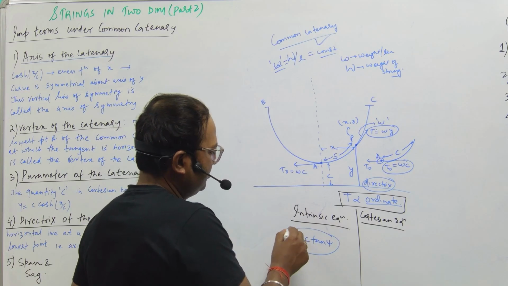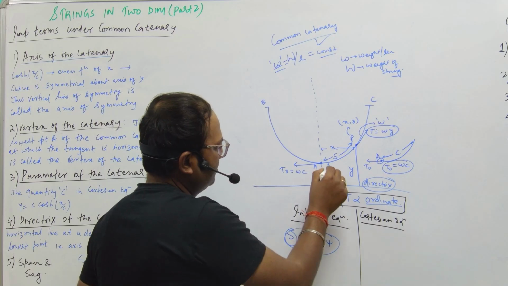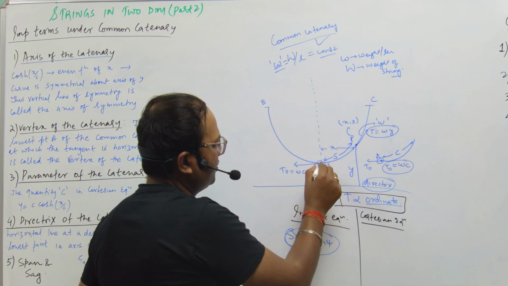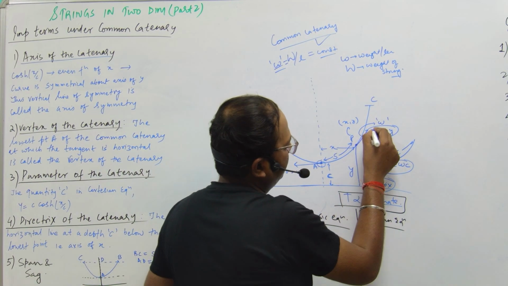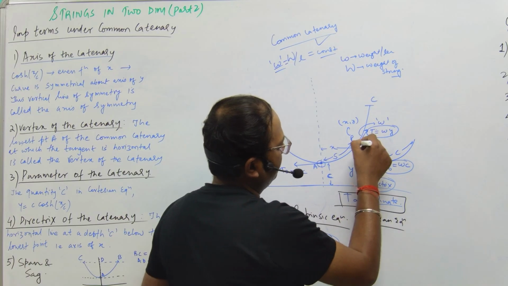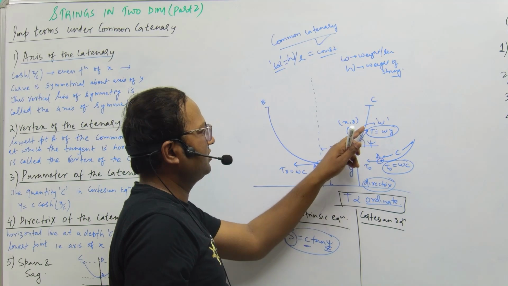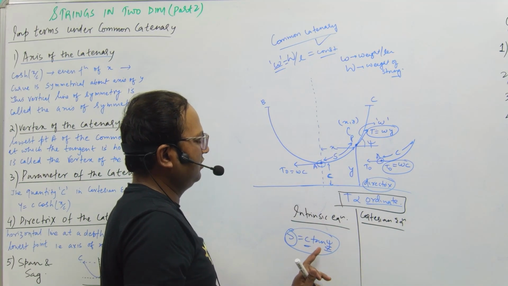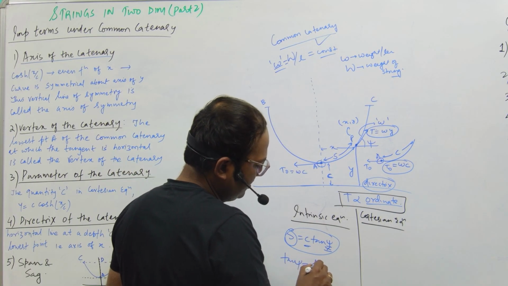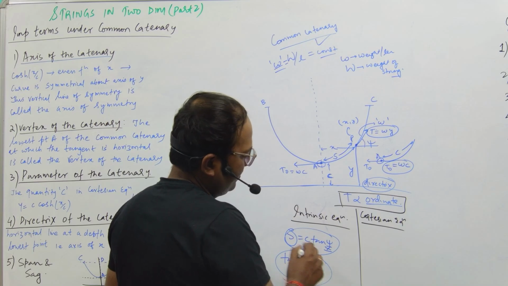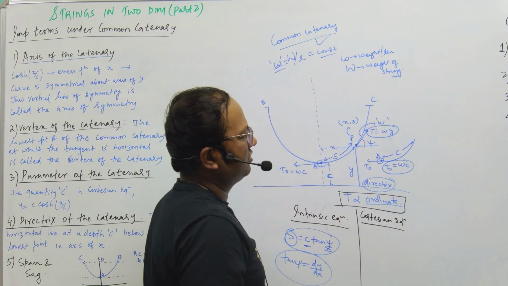Here s is the curved length of the string up to point P, c is the parameter, the distance of the lowest point from the directrix, and psi is the angle that the tension makes with the horizontal. We can write tan psi as the slope, that is dy upon dx. This psi is the inclination of the tension with the horizontal, as simple as that.